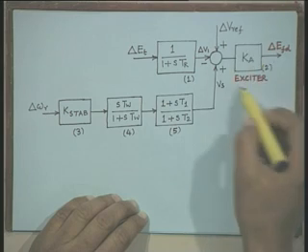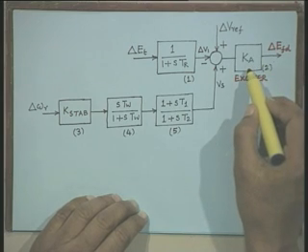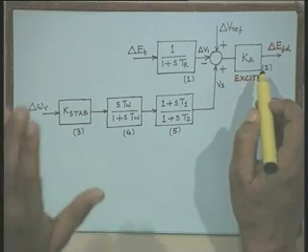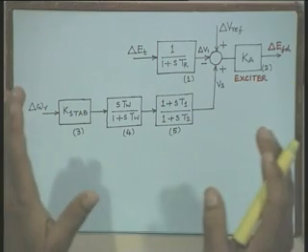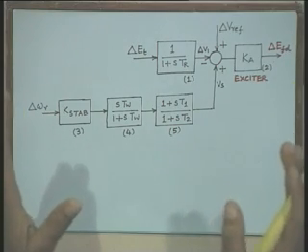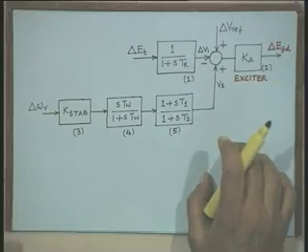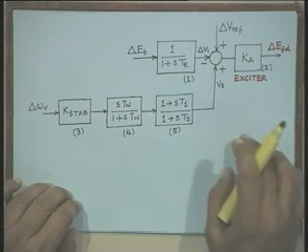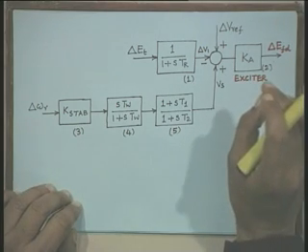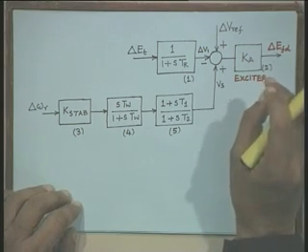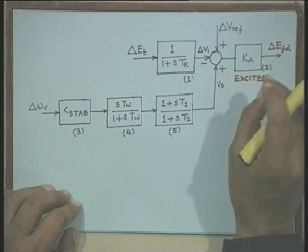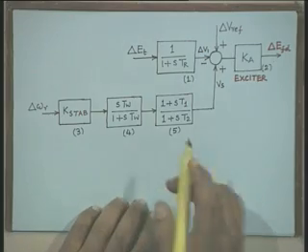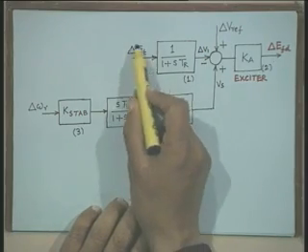The exciter is represented by a gain Ka only. You can represent the exciter depending upon what type of exciter you are using. We know the detailed models of the different types of excitation systems. Here, for simplicity, we represent it by a constant Ka only, which represents the static excitation system, the IEEE ST1A model.